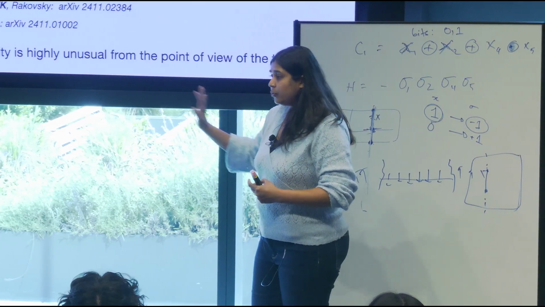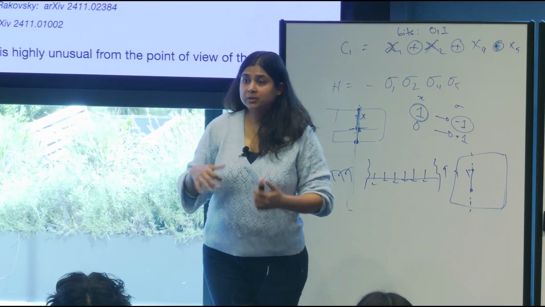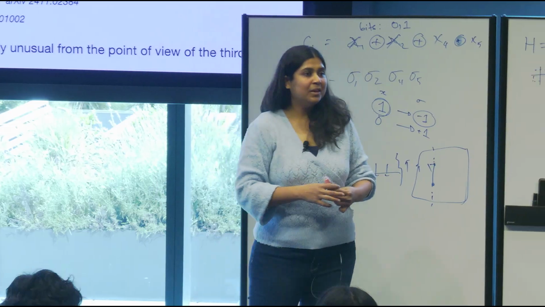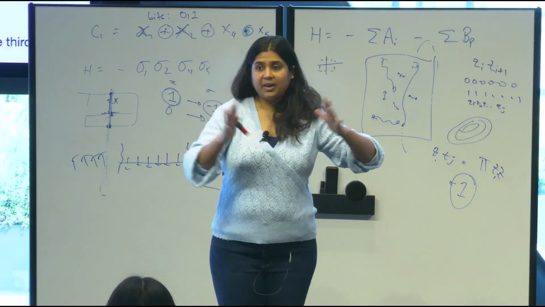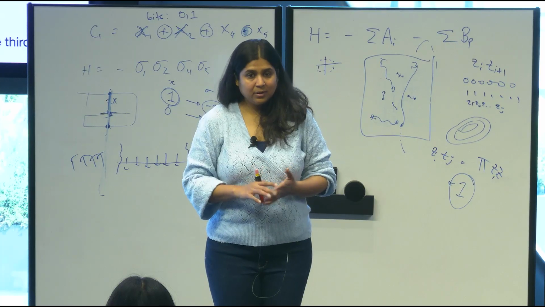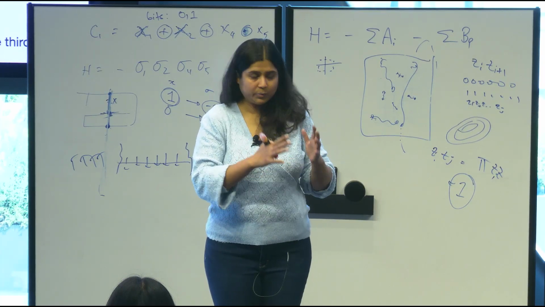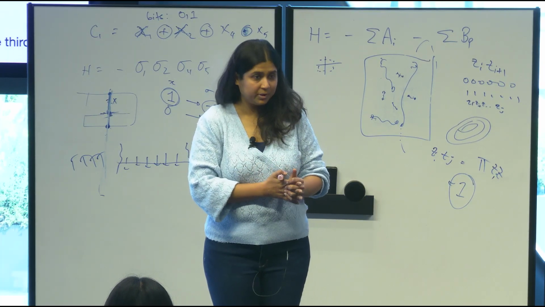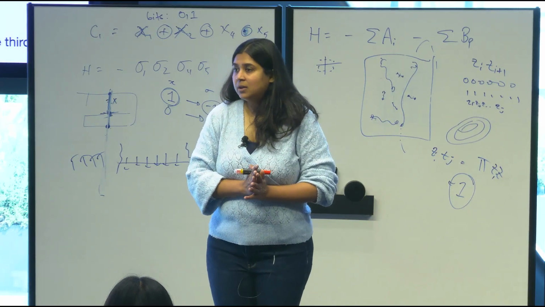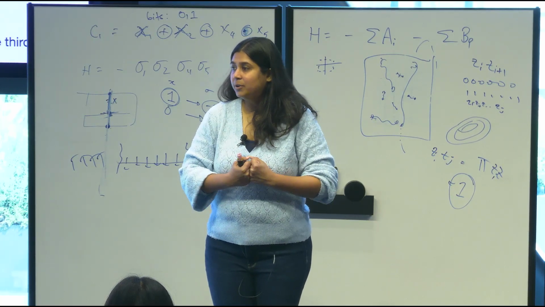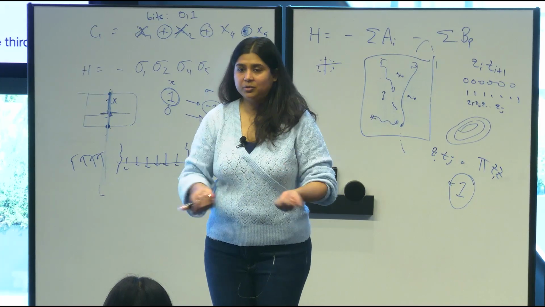And this is already very weird from the point of view of the third law of thermodynamics, because if you have K proportional to N, then you have exponentially many ground states, which is an extensive ground state entropy, T equals 0 entropy. Usually when you have this, you expect that as soon as you add some perturbations, the ground state degeneracy gets lifted.